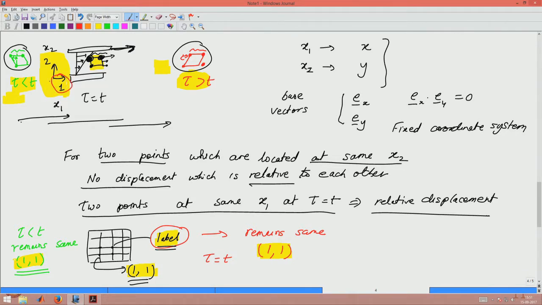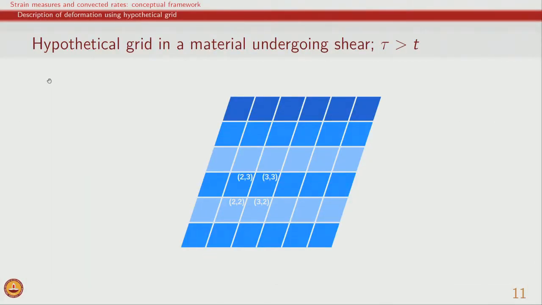Now, we are looking at a material coordinate which keeps on shifting with respect to the fixed coordinate system, but we need to describe the relationship between material coordinates at any instant of time.